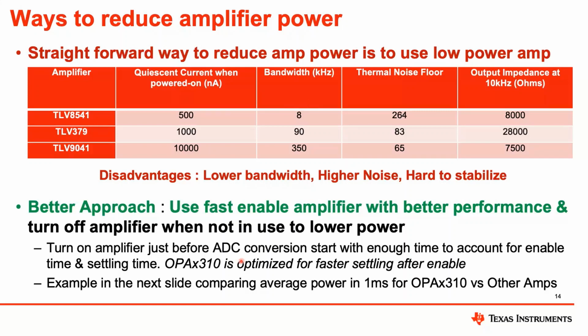But if your signal bandwidth is higher than 10 kilohertz, and if you require a good signal to noise ratio, you are better off using an amplifier that can deliver that performance and then save power by duty cycling, or turning on and off the amplifier as and when required. In the next slide, we will cover how OPA310 fares in this on-off scenario in comparison to a few other TI amplifiers over a 1 millisecond time frame.